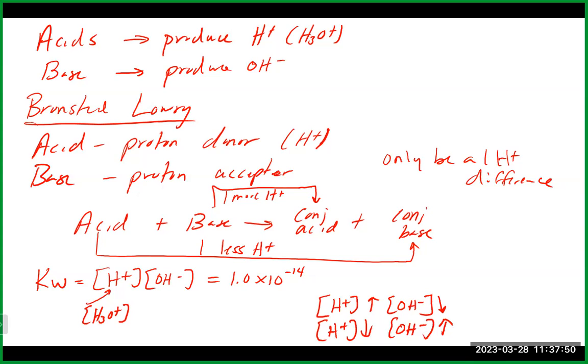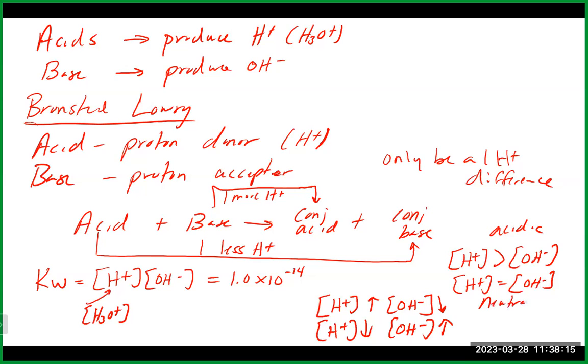By comparing the concentrations of H plus and OH minus in a solution, you can determine whether the solution is acidic, basic, or neutral. If our H plus concentration is greater than the OH minus concentration, we are looking at acidic. If our H plus concentration equals the OH minus concentration, that is neutral, and that would also be 1 times 10 to the minus 7.